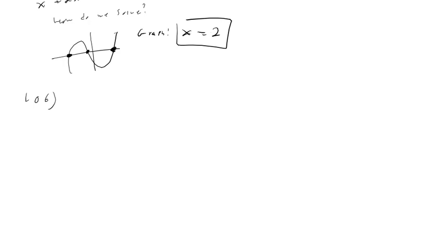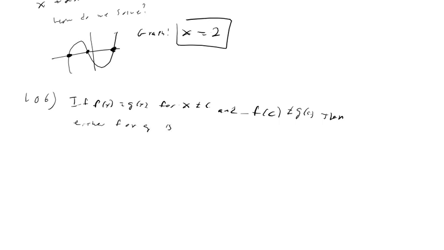Thinking about how these statements work and what these are talking about. 106 says, if f of x equals g of x for x not equal to c, and f of c does not equal g of c, then either f or g is not continuous at x equals c.